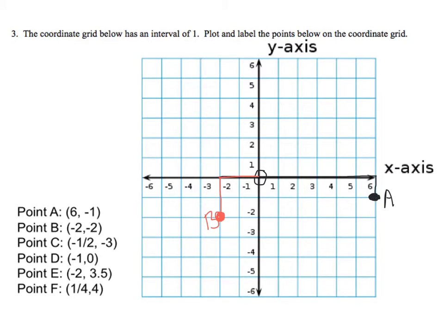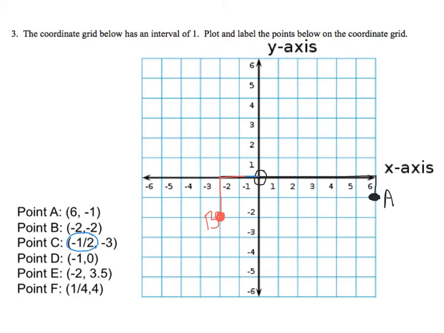Point C, oh boy, here's my rational numbers. So because I'm counting by ones on the x-axis and the y-axis, and my x-coordinate here is a -1/2, I know that is half of 1. So along the x-axis, I'm going to start at the origin, and I'm going to end up halfway along the x-axis to -1/2.